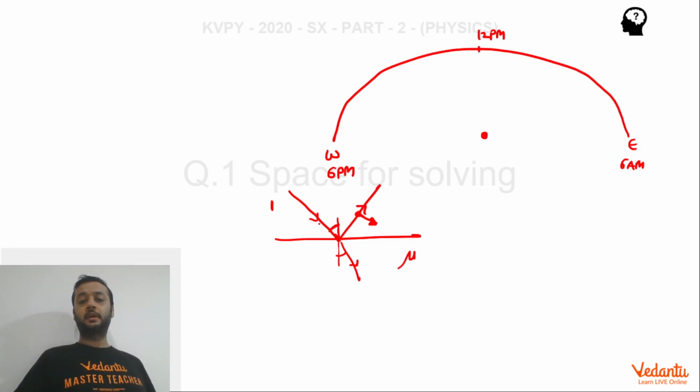Now by Brewster's law, if this angle becomes tan inverse mu, that means Brewster's angle, then the electric field becomes totally perpendicular. One of the components is lost and the electric field is totally polarized. That means the intensity of the light will be greatly reduced because one component will be totally lost and only one component will remain.